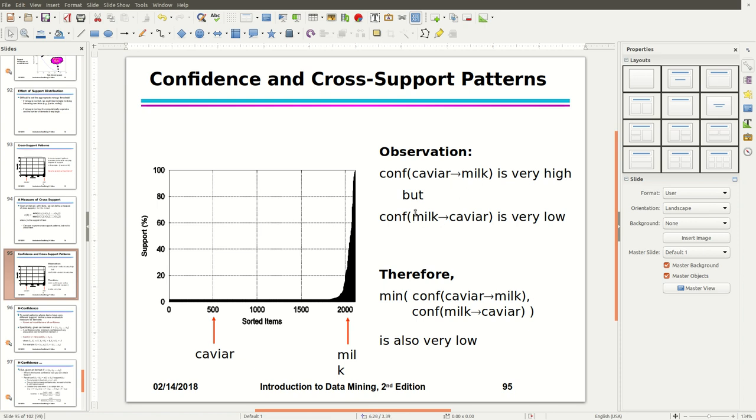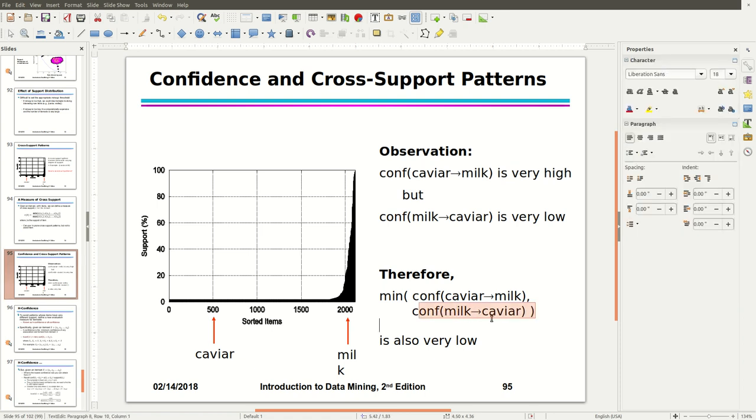But if you look at it the other way around, if you buy milk, will you have caviar because you buy a lot of milk? That is unlikely, so it's a low number. So for that we need to use the minimum: confidence of caviar to milk, confidence of milk to caviar, and we take the minimum of that, which is also very low.